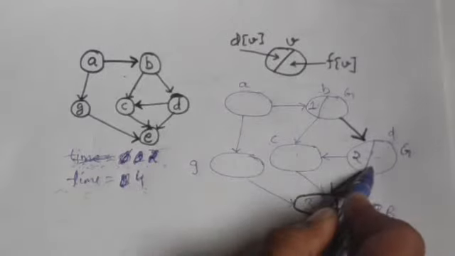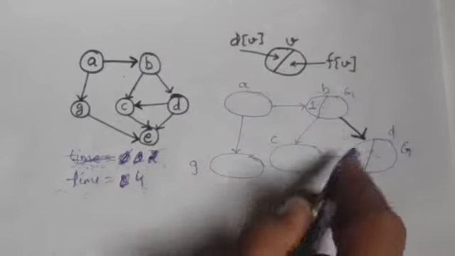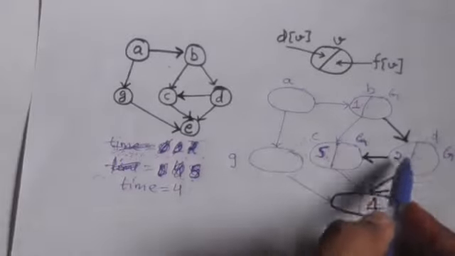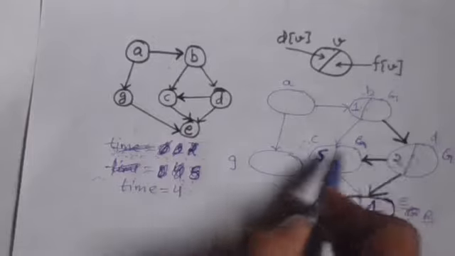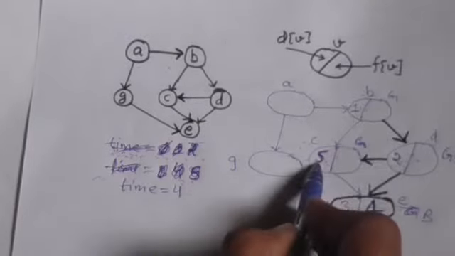Here vertex D has a white adjacent vertex, that is vertex C. So we will set vertex D as the predecessor of vertex C, right? Now vertex D is the predecessor of vertex C.